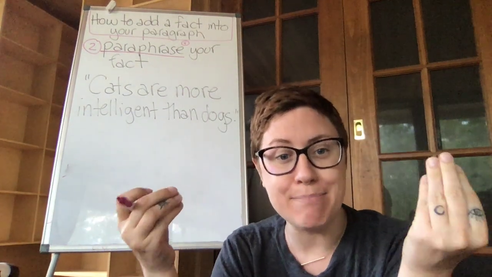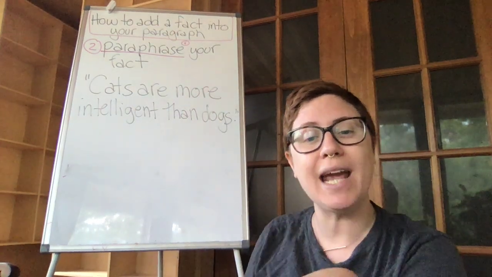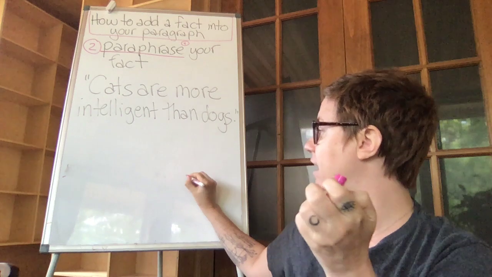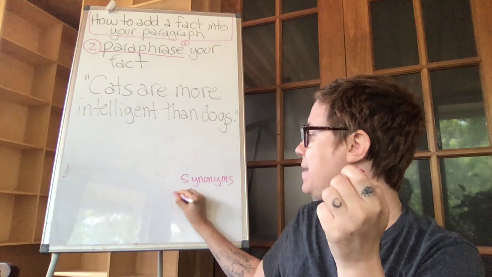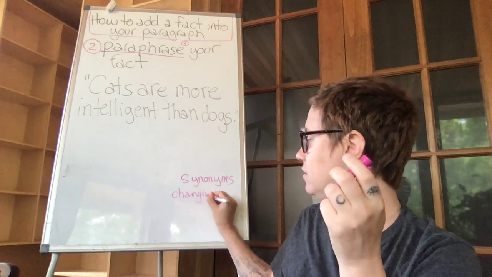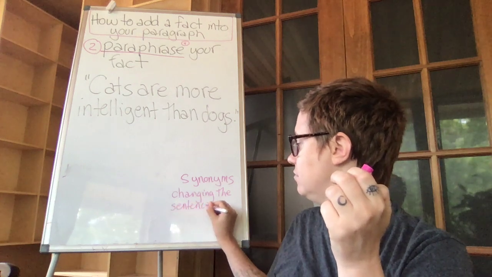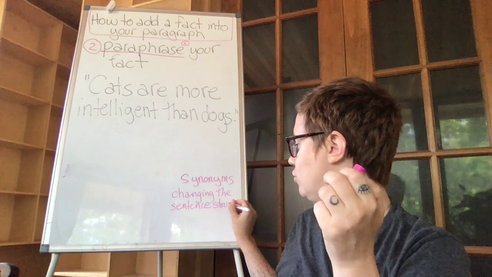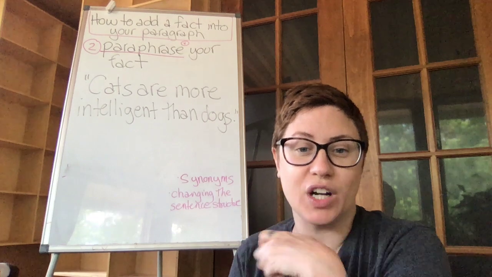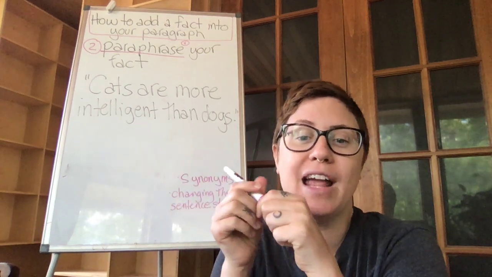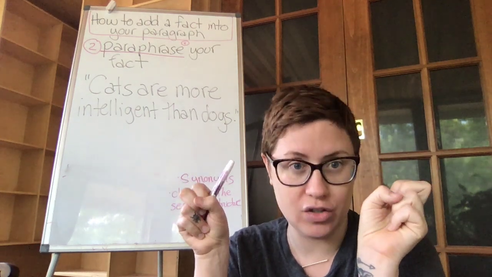To paraphrase means that you are going to take a piece of writing and write it again using synonyms and maybe changing the sentence structure. Basically, to paraphrase, we say that you are putting it in your own words.